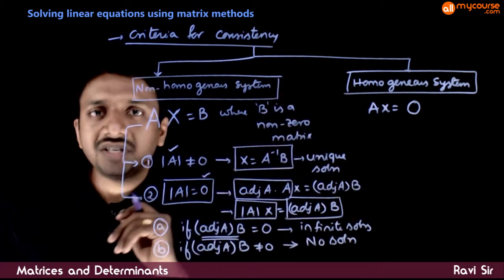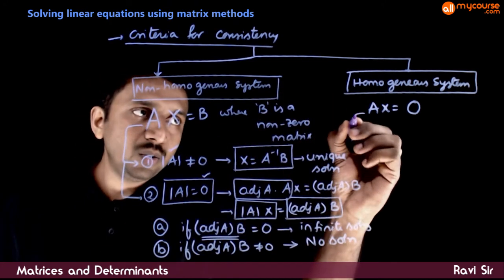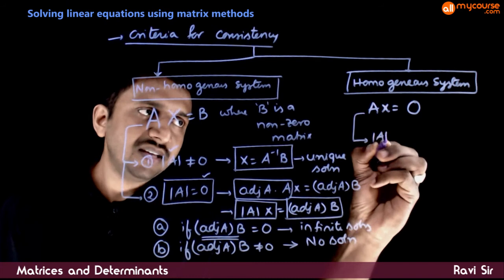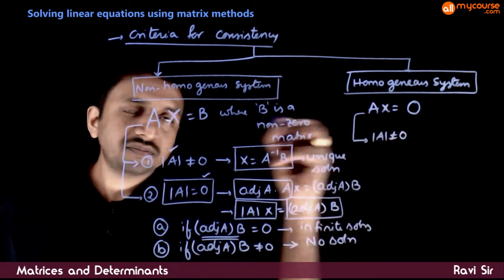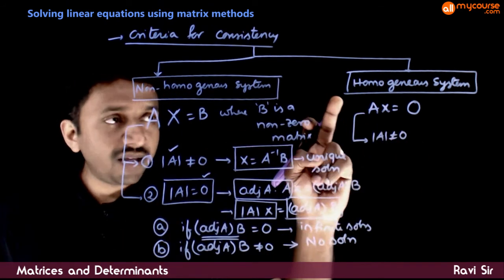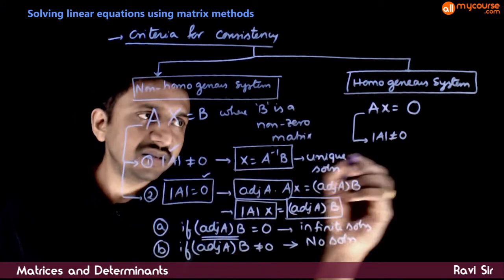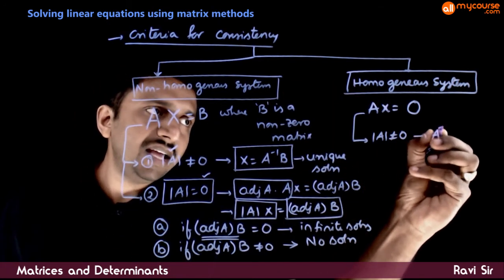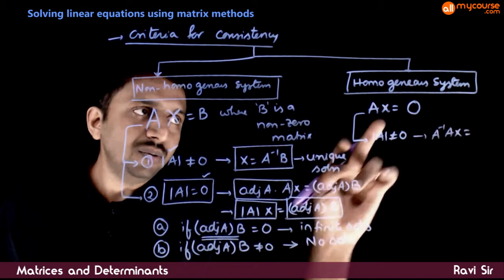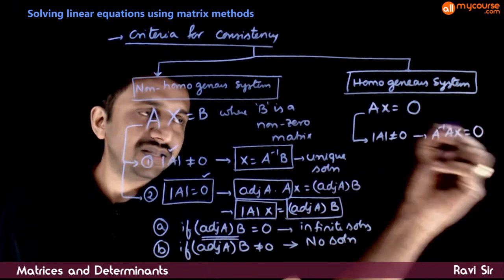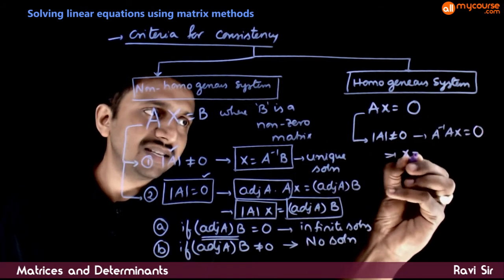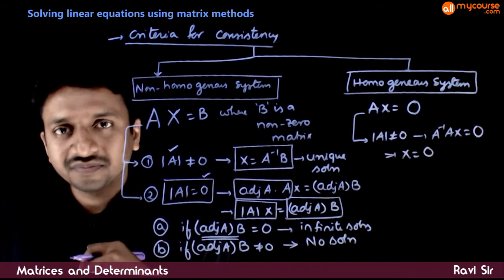So you have three different possibilities in non-homogeneous equations. Now if you go to homogeneous equations, there are only two cases. If det A is not equal to 0, you can pre-multiply both sides with A inverse. So you get A inverse AX is equal to A inverse times 0, which is 0. This implies X is equal to 0.